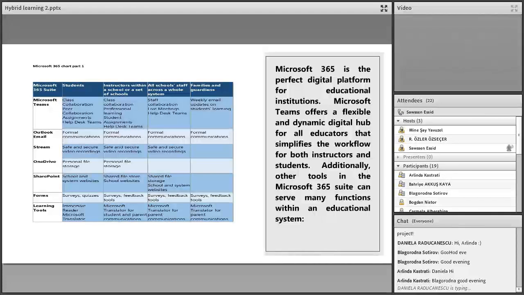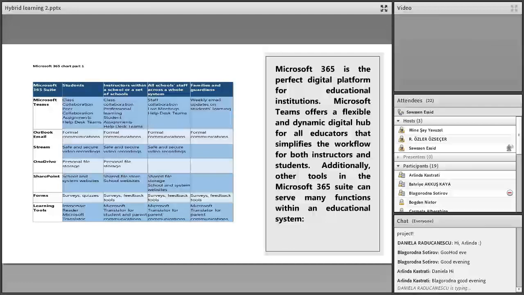So Microsoft 365 is the perfect digital platform for educational institutions. Here I'm talking about Microsoft Teams, for example, which offers a flexible and dynamic digital hub for all educators. And it really simplifies the workflow for both instructors and students.